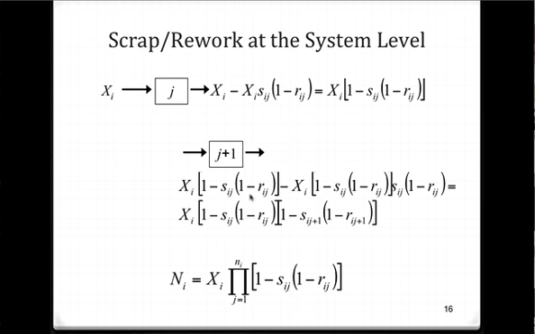So if you keep progressing from J+1 to J+2 throughout your material flow process chart, we are essentially taking the product of our 1 minus Sij times 1 minus Rij. And of course, that's what the cap pi means. We'll multiply all these quantities for all the workstations that we're going to go through. So if I put Xi into my entire system now, not just one individual process, I will get Ni out of my system.